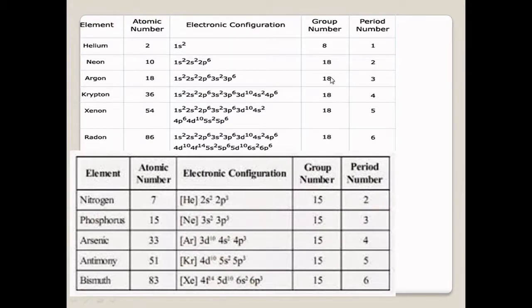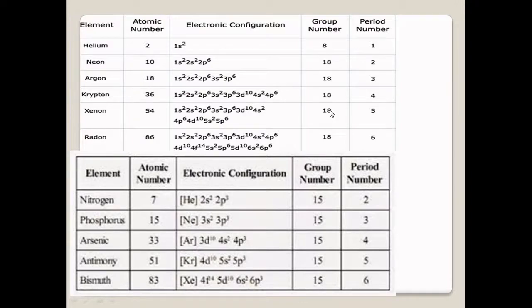For argon it is group number 18, but period is third because it has 3 shells, 3s and 3p. Are you getting this? For xenon, 54: 1s2, 2s2, 2p6, 3s2, 3p6, 3d10, 4s2, 4p6, 4d10, 5s2, 5p6. Group number is 18 and period number is 5. It has 8 electrons in the outermost shell, so it is a member of group 18.